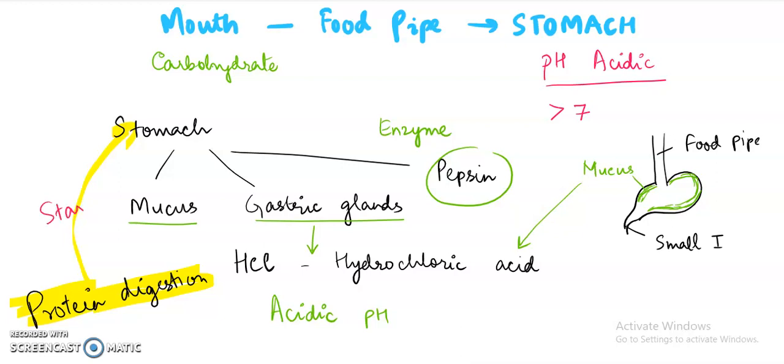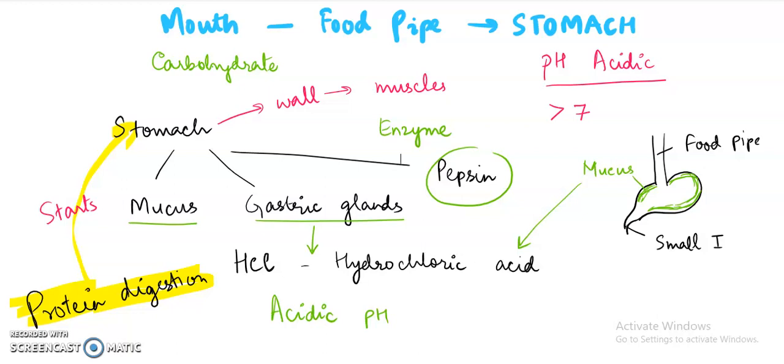This is important to learn. And also the wall of the stomach is lined by muscles. As soon as the stomach receives the food, the muscles contract and relax, as a result of which the stomach shows pulsation action, meaning it would be contracting, relaxing, contracting, relaxing. Along with that, HCl is already there, which is making the pH acidic.